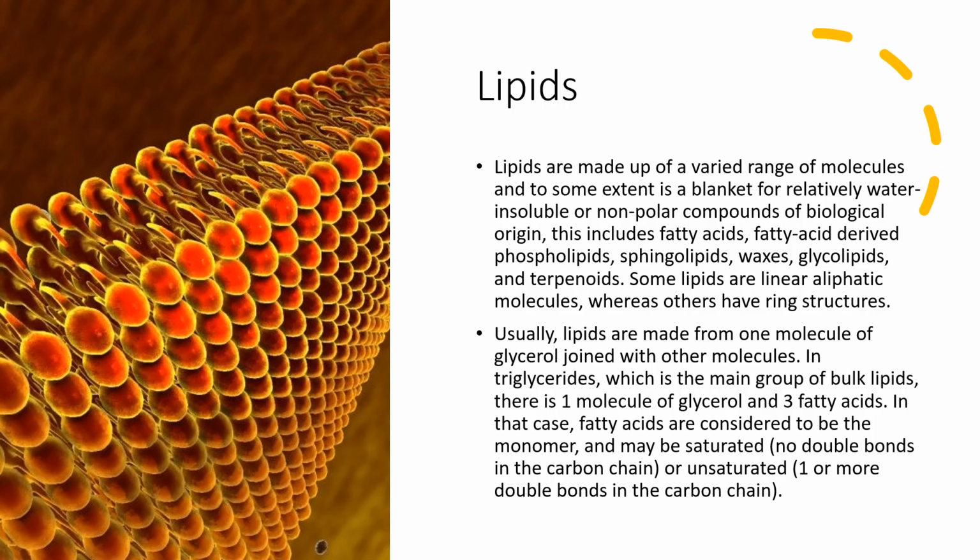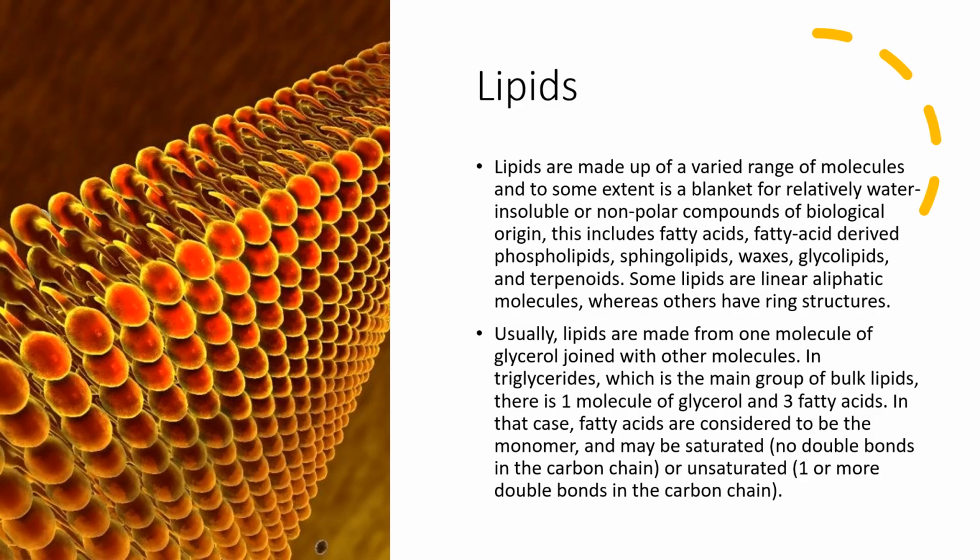The next biomolecule that we will consider is lipids. Lipids are made up of a varied range of molecules and to some extent is a blanket term for relatively water-insoluble or nonpolar compounds of biological origin, and this includes fatty acids, fatty acid-derived phospholipids, sphingolipids, waxes, glycolipids, and terpenoids.